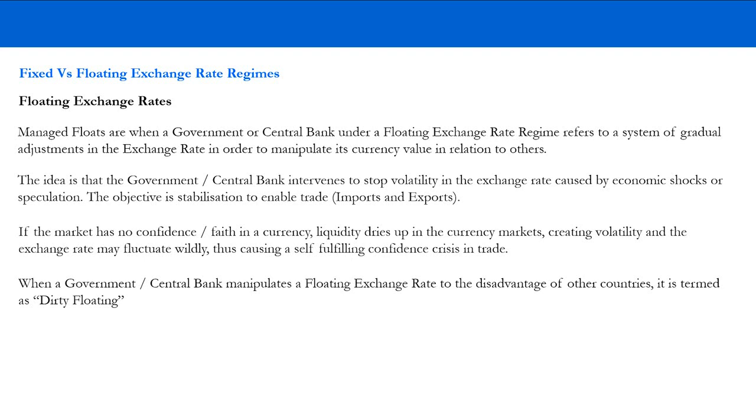A fixed regime is one in which the value of a currency is fixed or pegged to something else. So either another currency or, as in the Bretton Woods example, fixed to the value of gold. And in that situation, in the Bretton Woods situation, money can't be printed at a rate that is higher than new gold can be mined.